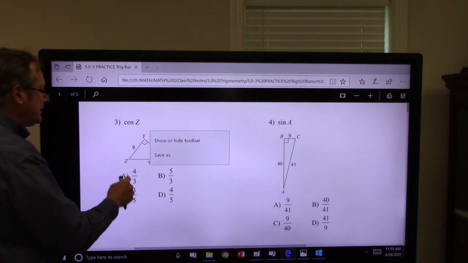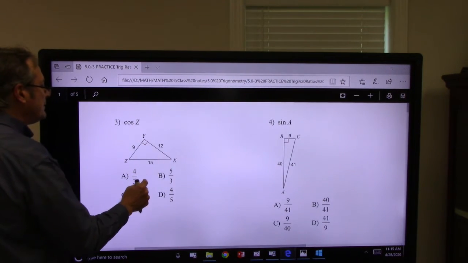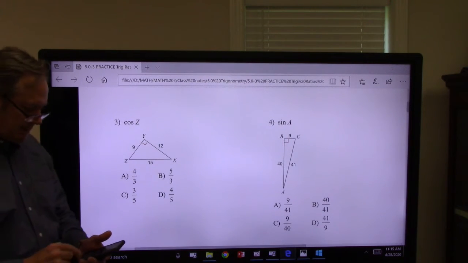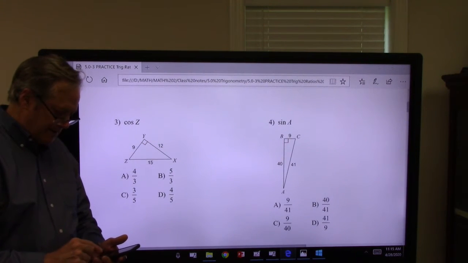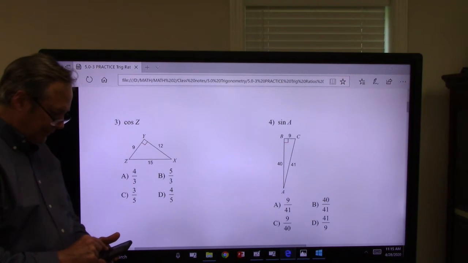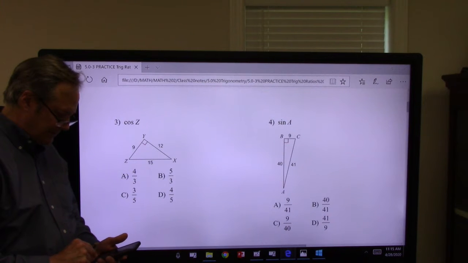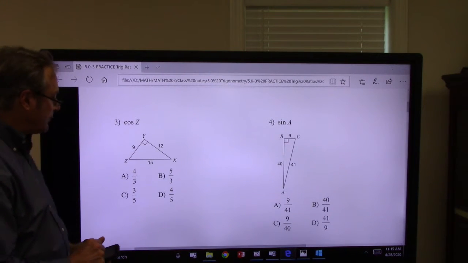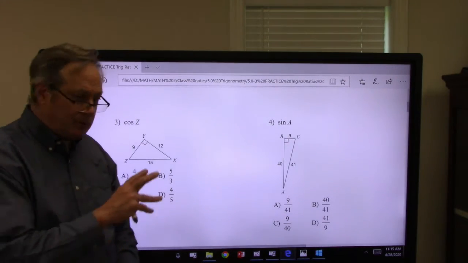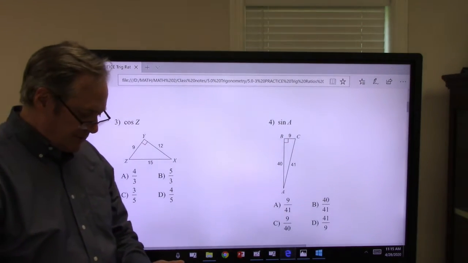So 9 over 15. Okay, so 9 divided by 15 is 0.6, go to math, frac, so that's 3 over 5. All right, so the rest of those I want you to do on your own.